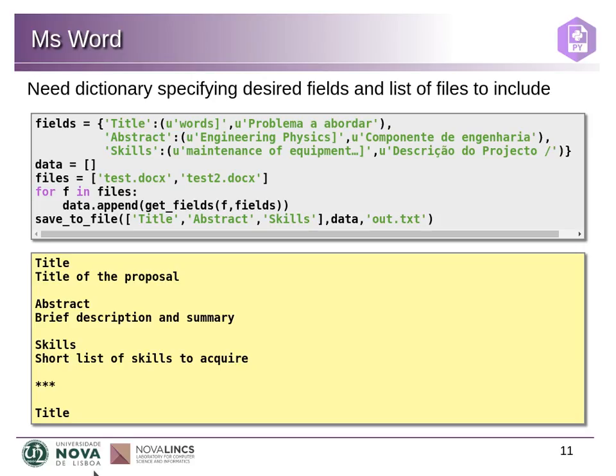And then for each of those files, we append to this data list all the dictionaries that we get from the get field function, with the result of extracting those fields from the docx file. And then we save our data to a file, and we specify which of those fields we want and what order we want them in. And this is what we get eventually, a file as we want.